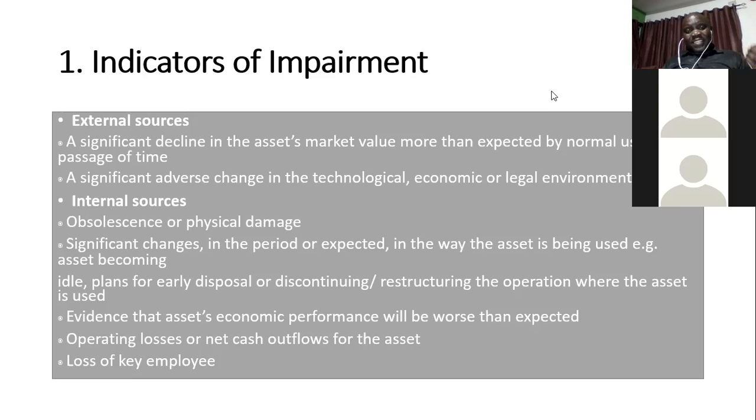What you are getting from those assets that maybe are now fully sweated is less than what you expected. So if your production was at about 80%, you have now gone to 60%, not because of demand, but because of the ailments that this particular asset may have. So you definitely need to perform a test of impairment.